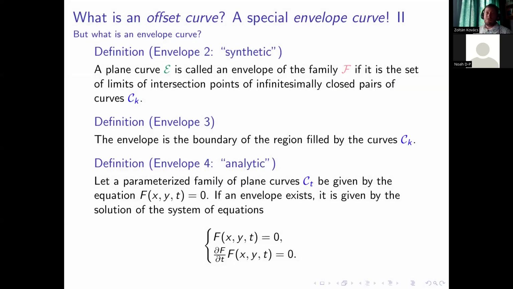So you can find a couple of other ways to define envelopes, a so-called synthetic definition, or an analytic definition. Here, for us, they are not very useful at the moment because we use implicit curves in GeoGebra, not just to visualize, but also to compute the envelope.